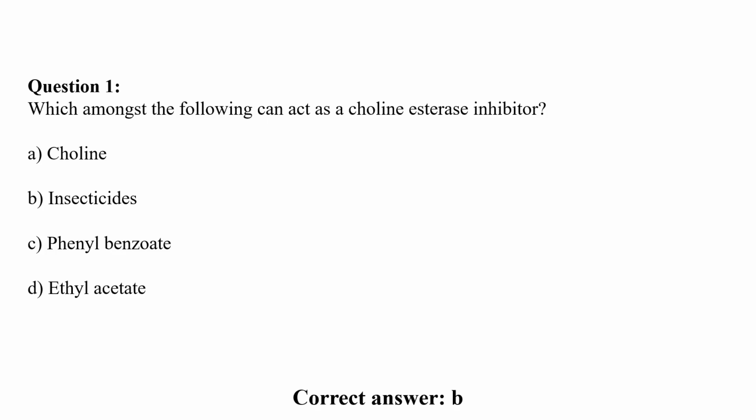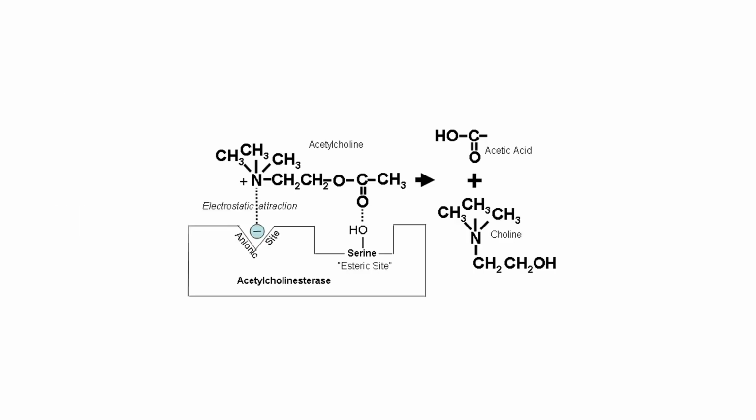Insecticides. So, choline esterase is an enzyme that can use acetylcholine as substrate, and it can break it into acetic acid and choline. Acetylcholines are neurotransmitters. For transfer of any signal in our body, these small molecules carry the information and transfer it from one neuron to another.